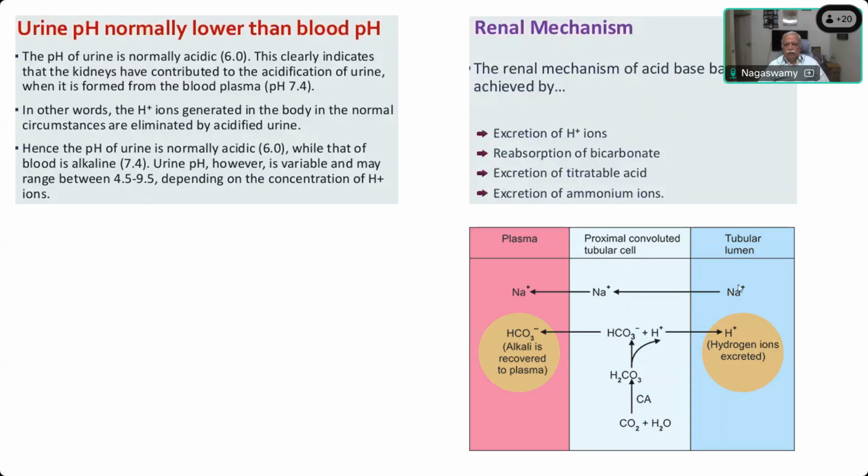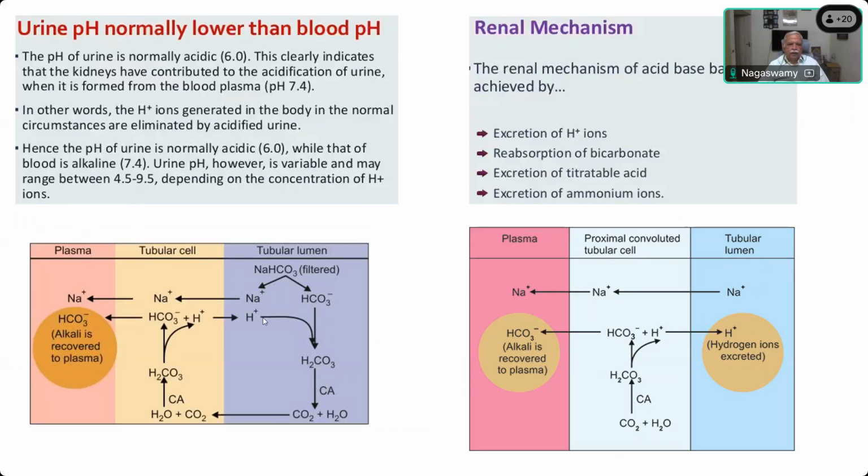Sodium is reabsorbed in exchange because both are positively charged ions. Electroneutrality has to be maintained all the time. So for giving up one positively charged hydrogen ion, one sodium ion will be reabsorbed. So sodium and bicarbonate are taken back in the proximal convoluted tubule itself.